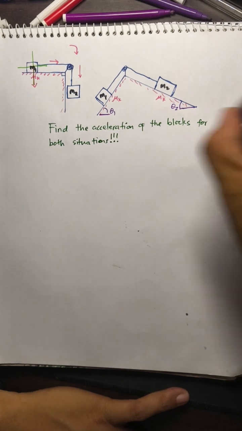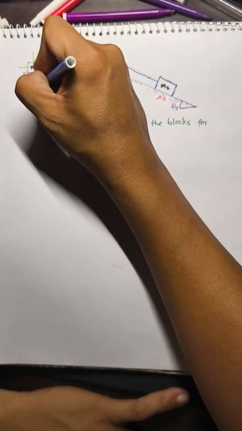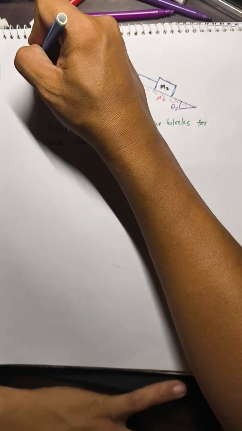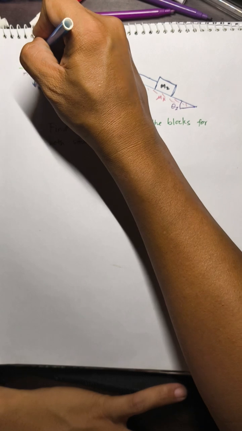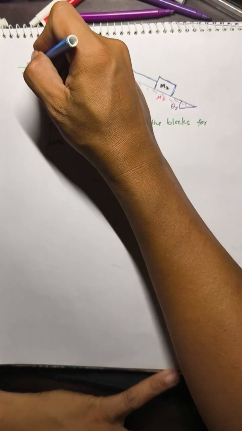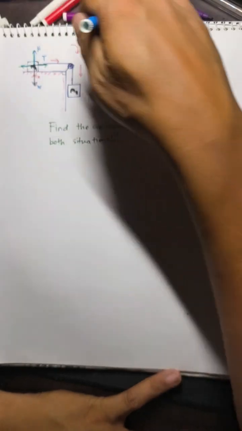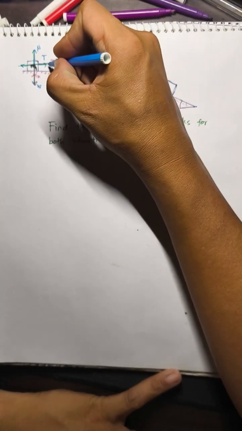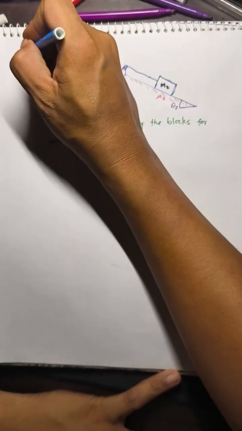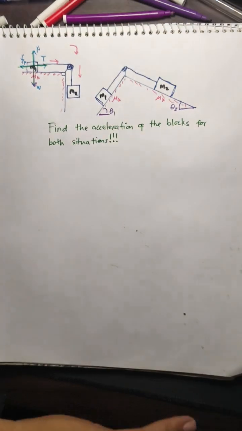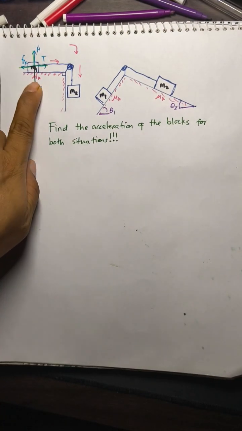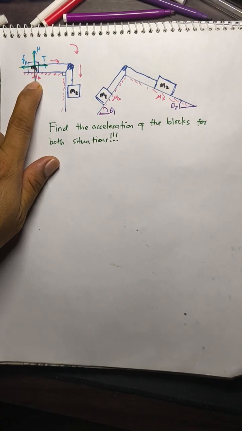I'll just write in blue. We have in this direction the weight, and of course, countering the weight on the surface will be the normal force, and on this side here we have the tension, and since the direction is going to the right, friction must be going to the left, kinetic friction, with coefficient of friction mu k.